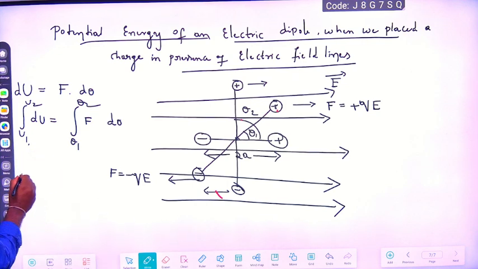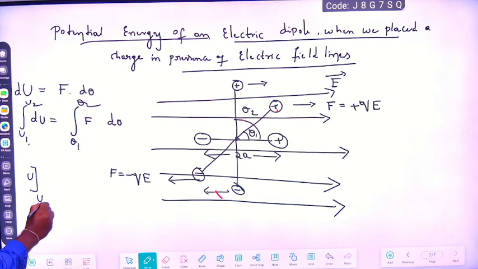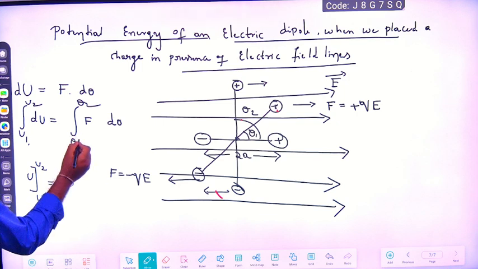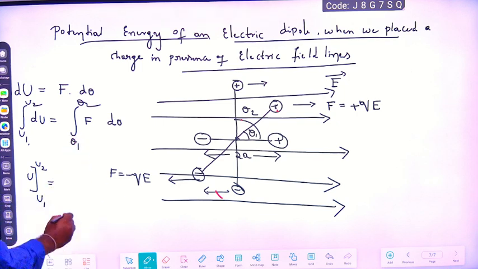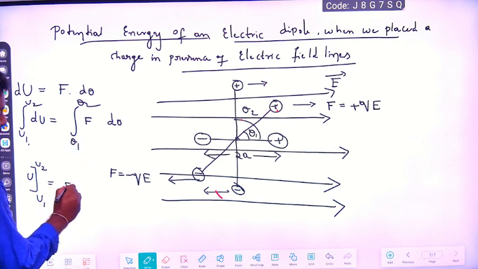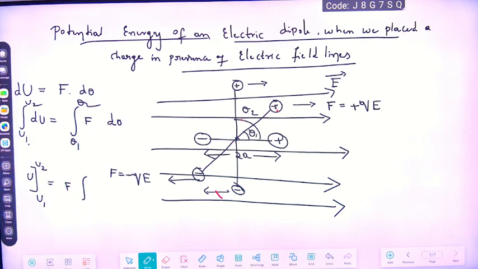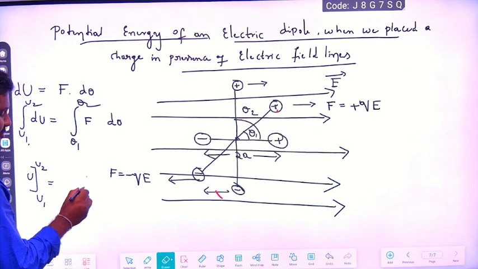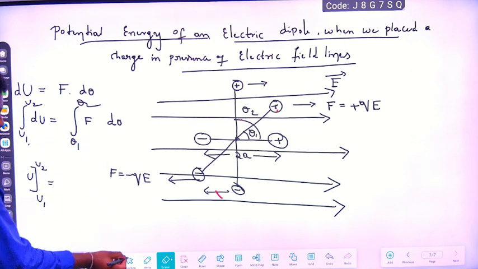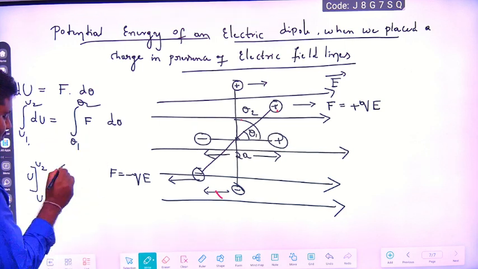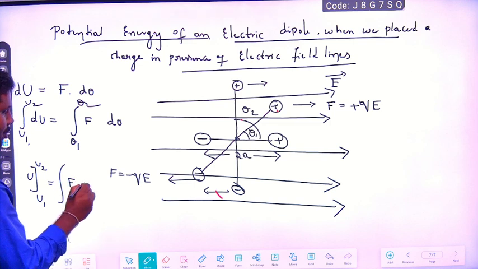Here I will write the integration of dU is U from u1 to u2, which is equal to the integration of F d theta. F you take out, and the integration of d theta will be there. Then you just substitute F, d theta.